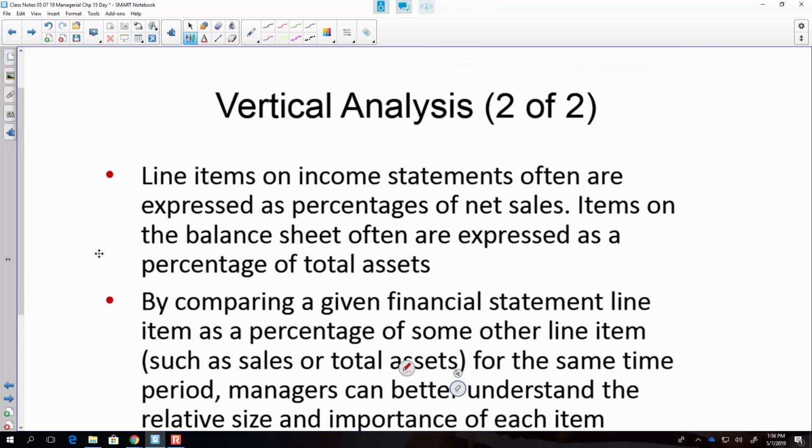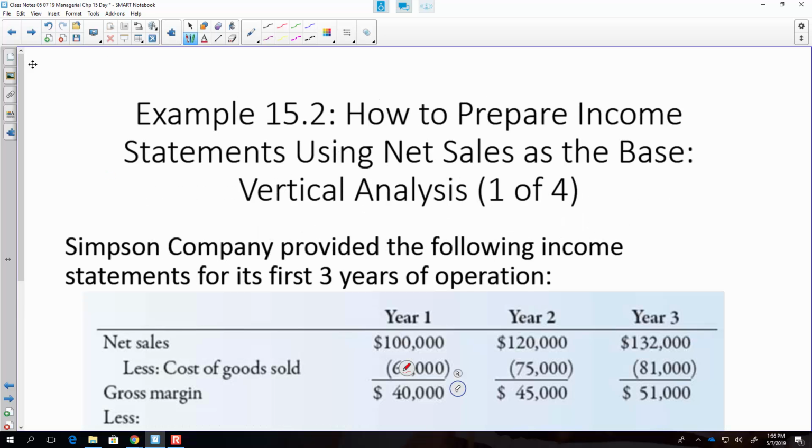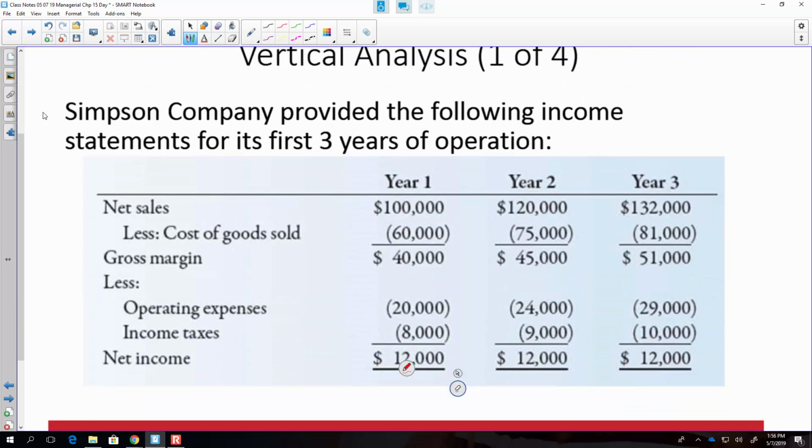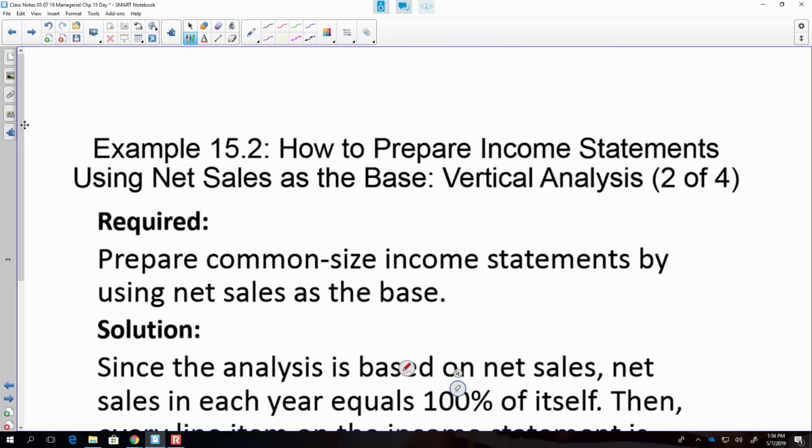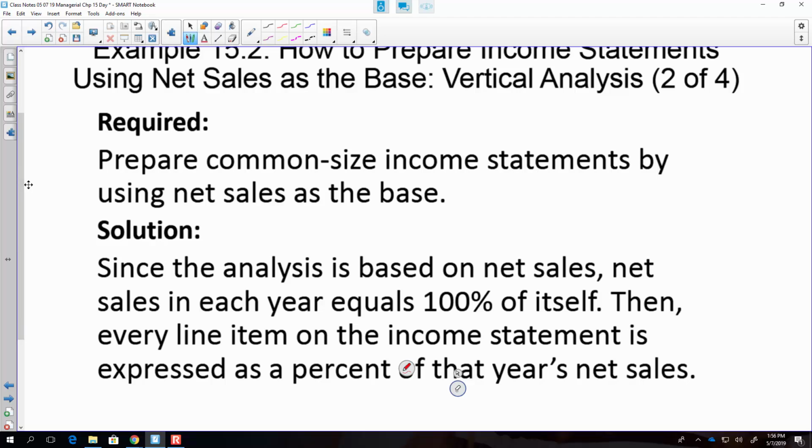So it talks about how do we create these, how do we get these percentages. They use example 2 as our practice for vertical analysis, giving us 3 years of analysis. And then they talk about that base year on page 840 for income statements. That's what we're looking at, the base year. In this case, they say it's net sales.